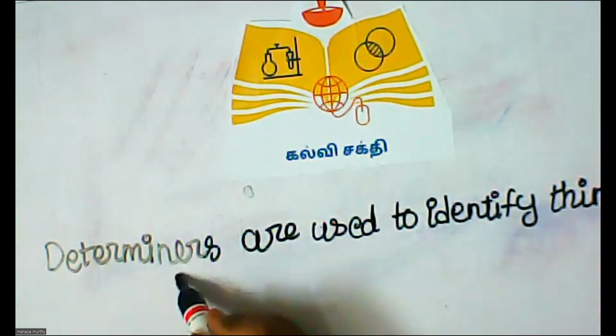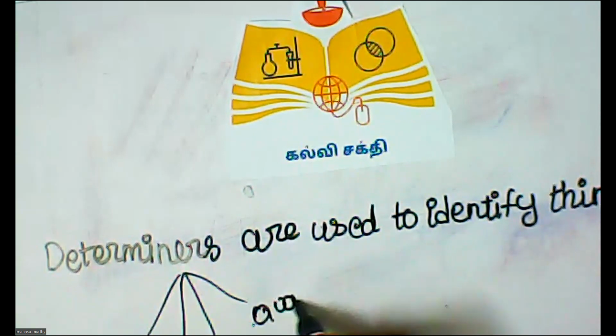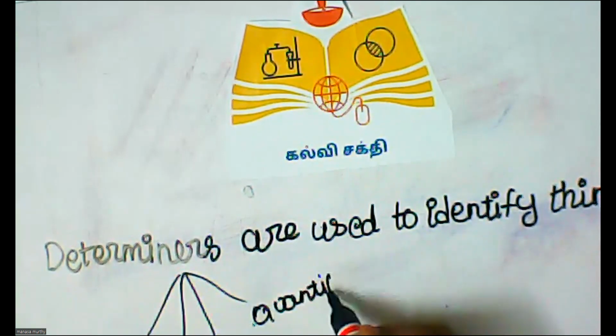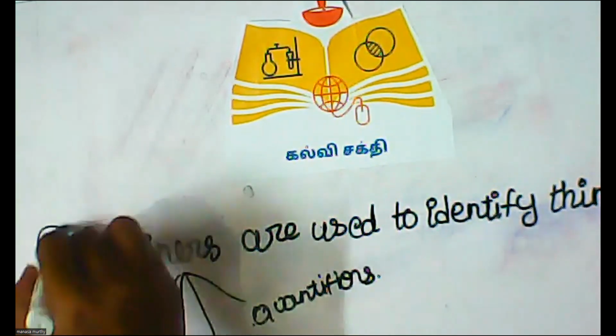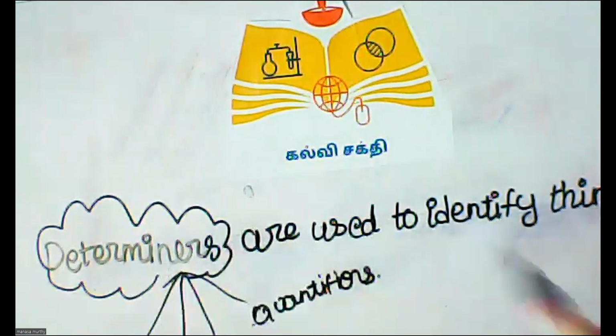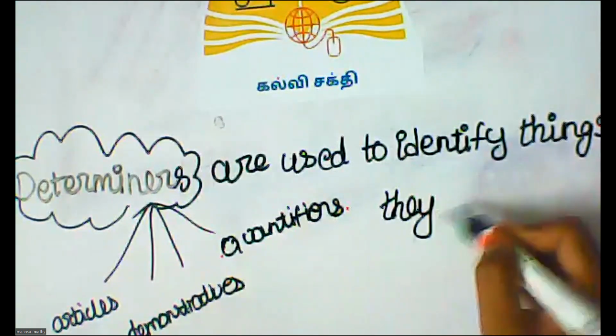We have various types of determiners. Among them, articles, demonstratives, quantifiers. These are some of the types of determiners. They are usually used to identify things and they are used before a noun or a noun phrase.